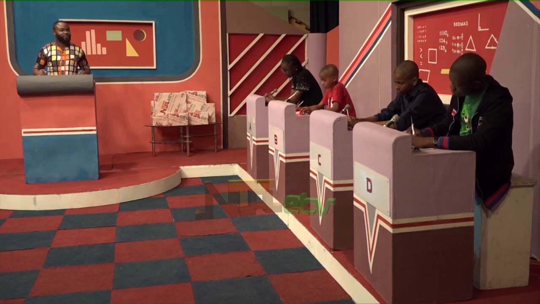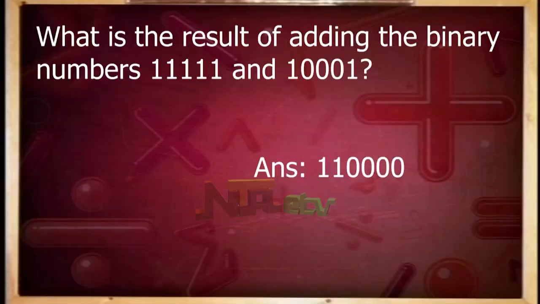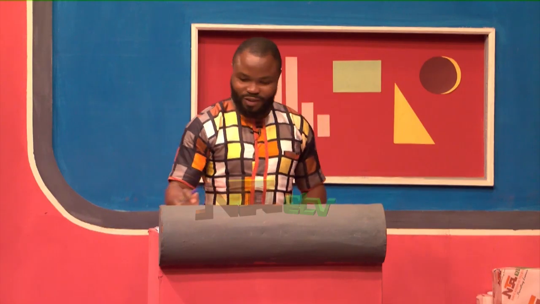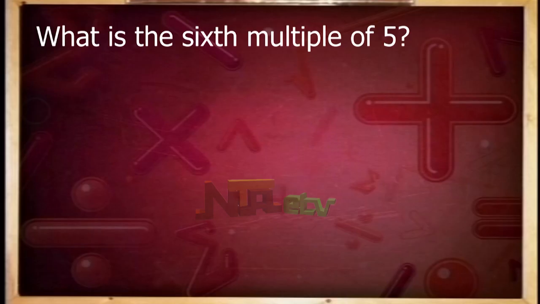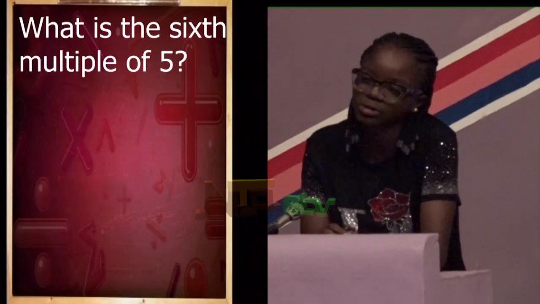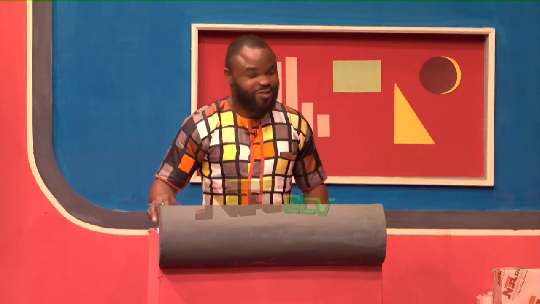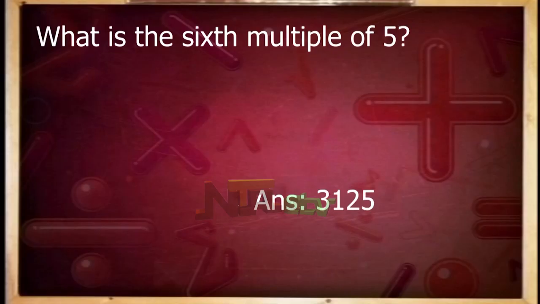A bonus question to contestant B. 110000. That is correct. Contestant A, your question. Question 14. What is the sixth multiple of 5? 316. So the right answer is 3125.